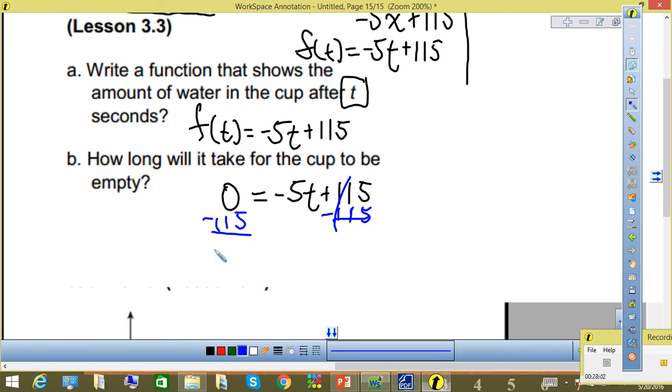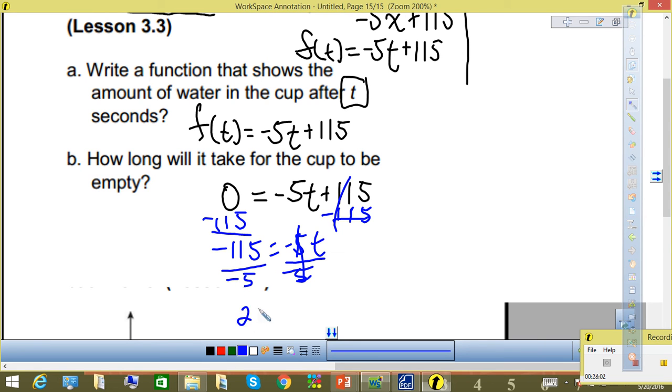We're left with negative 115 equals negative 5t. Divide by negative 5, divide by negative 5. Negative divided by negative is a positive, so this fits in there how many times? 23, Michael Jordan. And this is seconds.